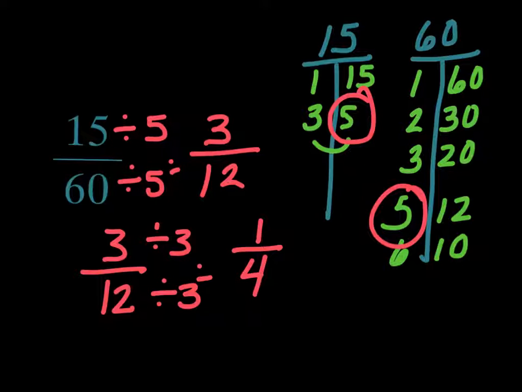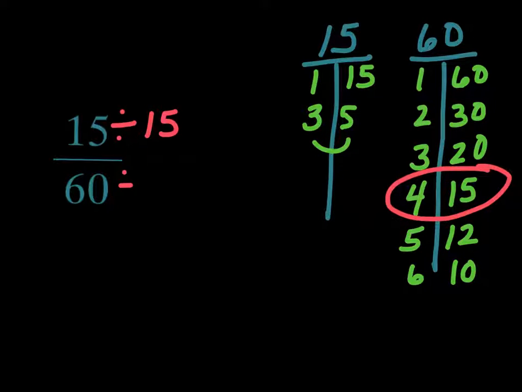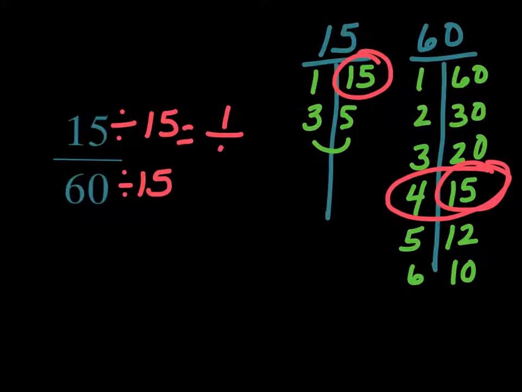If you haven't figured it out already, the missing factor pair was 4 and 15. So if I were to then divide my numerator and denominator by the new common factor of 15, I would go directly to my simplified form of 1/4.